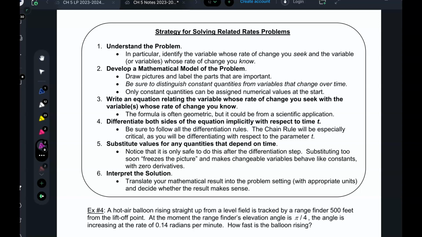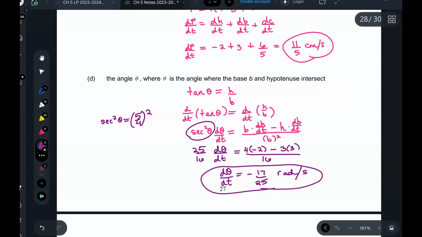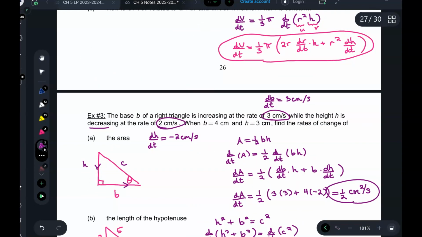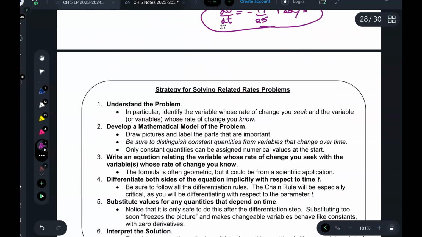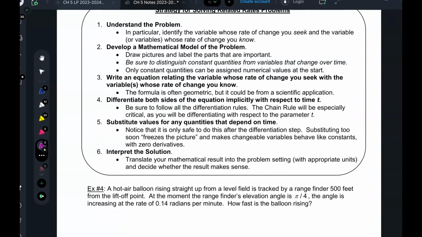Okay, so we're going to identify the variables. Remember on the last page, while I was reading this, I was identifying what were my rates that I was given. That's an important piece. We're going to write, this is the big part, an equation relating the variables. If it's perimeter, you write P equals this plus this plus this, or one half base times height.